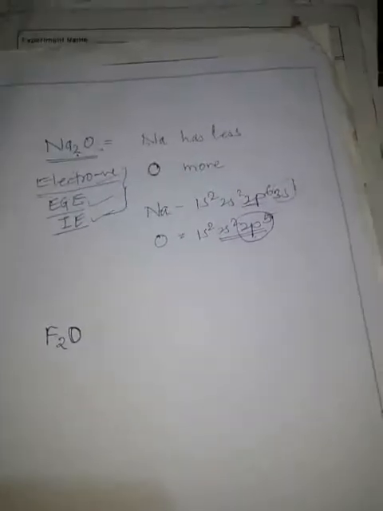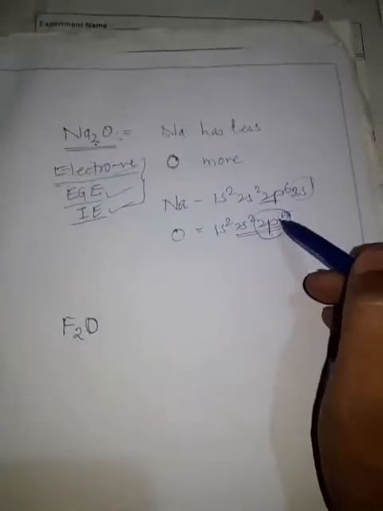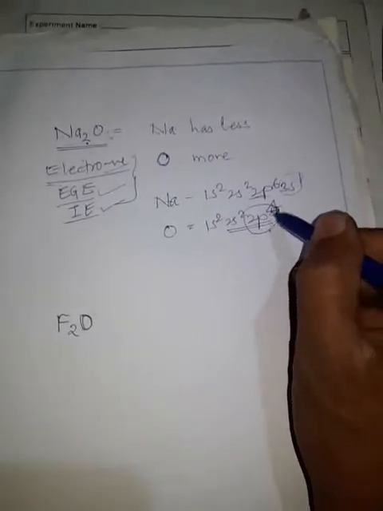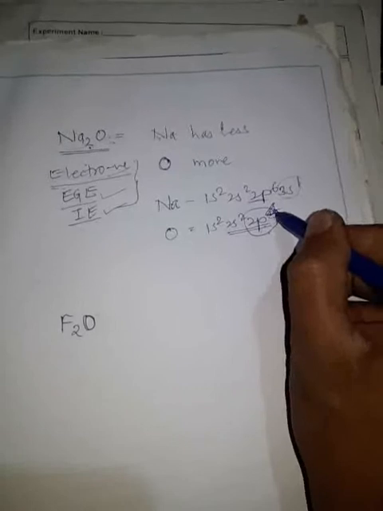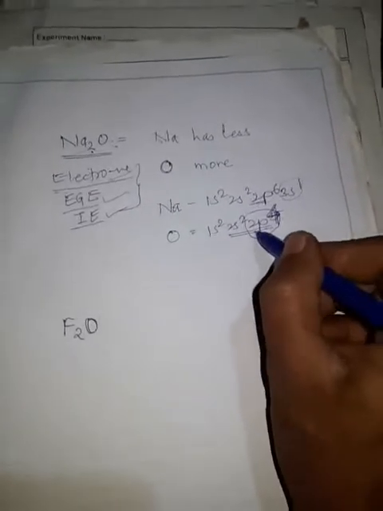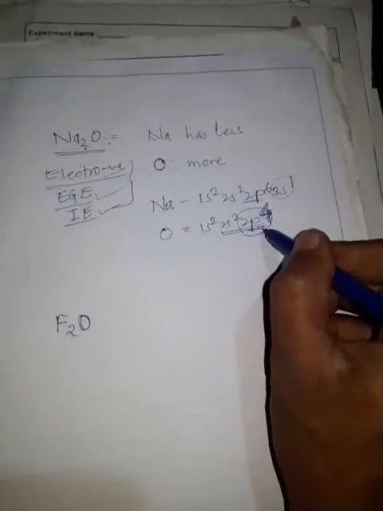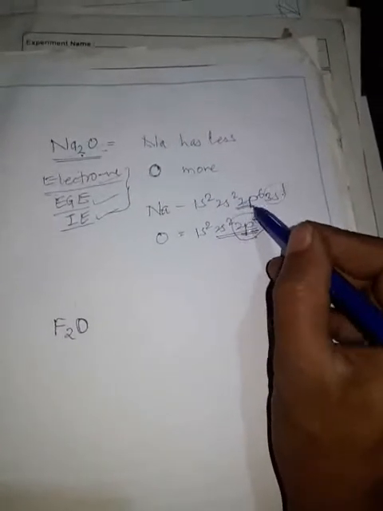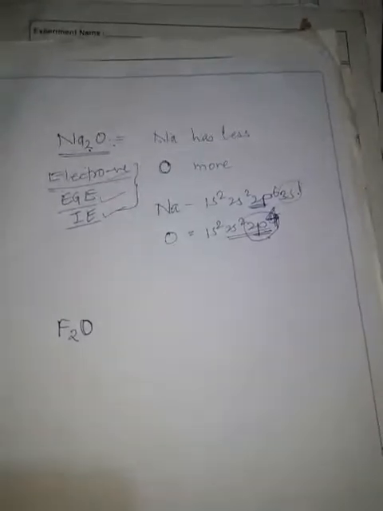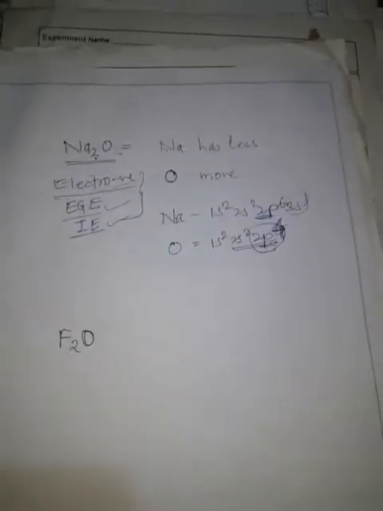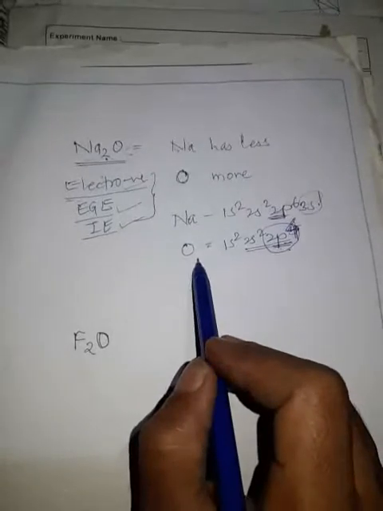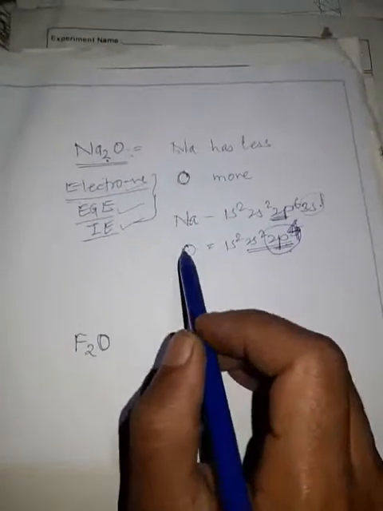Now if oxygen gets one electron, sorry, here it is 4, oxygen gets 2 electrons, then oxygen will form a stable, fully filled electronic configuration. And if sodium loses one electron, it will form a fully filled electronic configuration. Now in this compound, two sodium atoms lose their 2 electrons towards the oxygen, and oxygen accepts those 2 electrons.